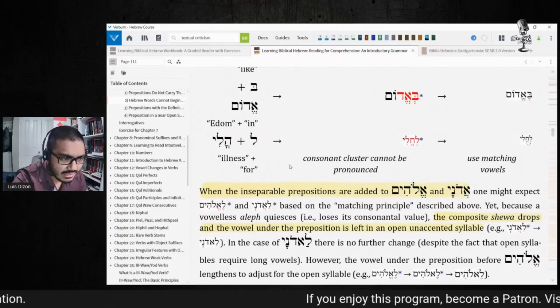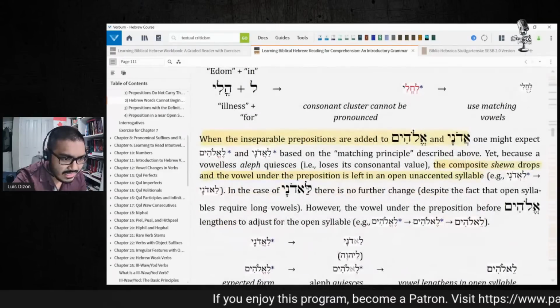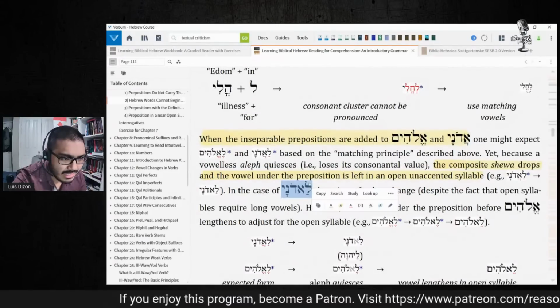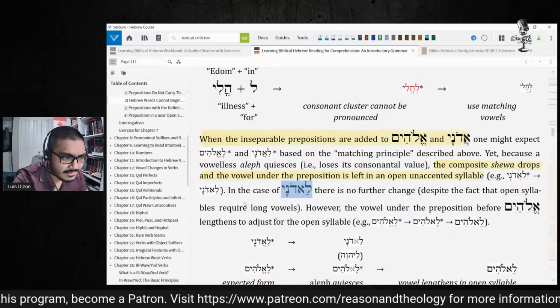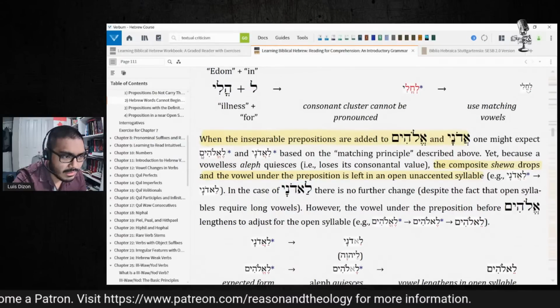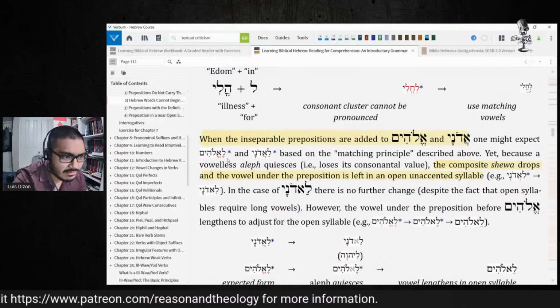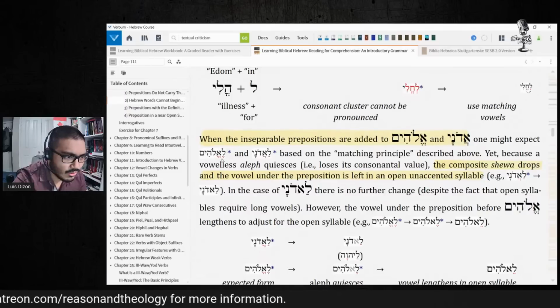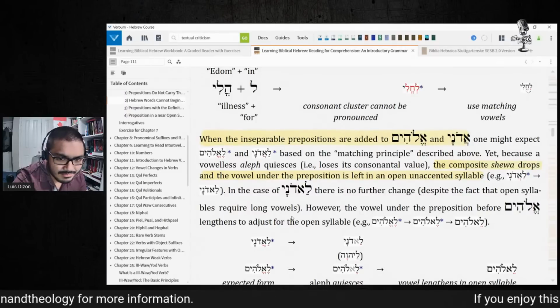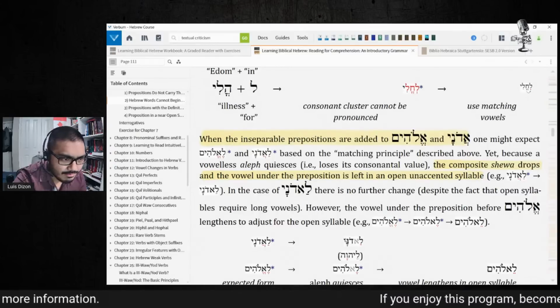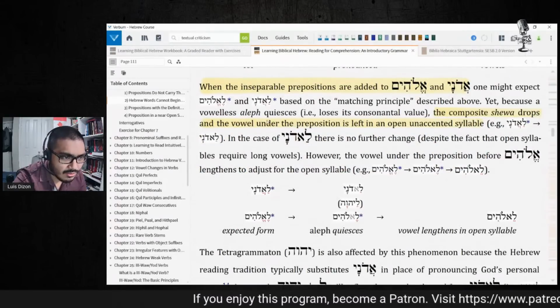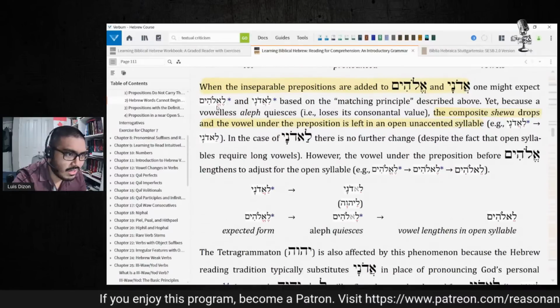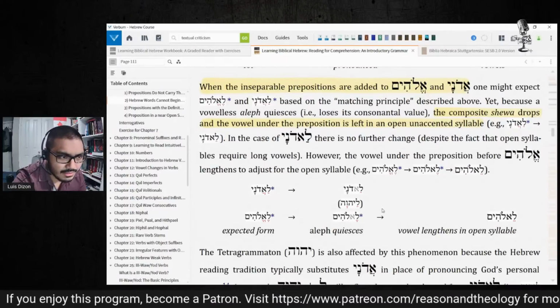So if we said la Adonai, the vowel on the lamed actually becomes a patach, like this. If we place it on Elohim, it becomes a segol, so le Elohim. However, that does sound weird. La Adonai. So what happens to the other one? Once again, it drops off.